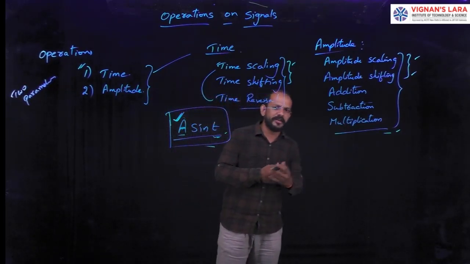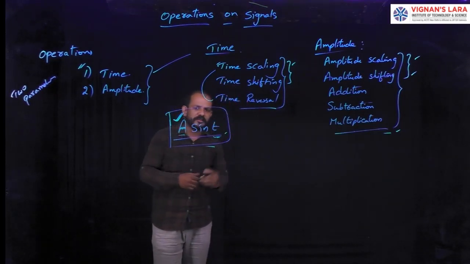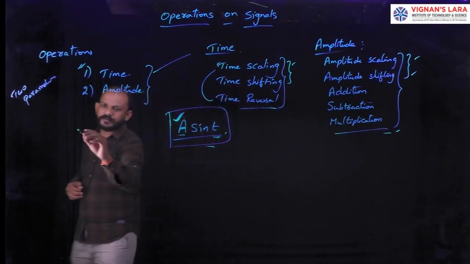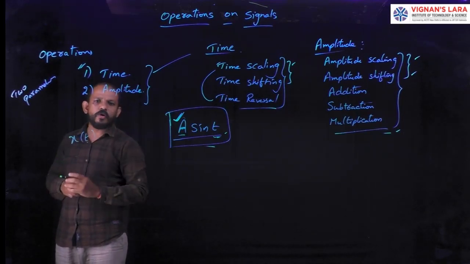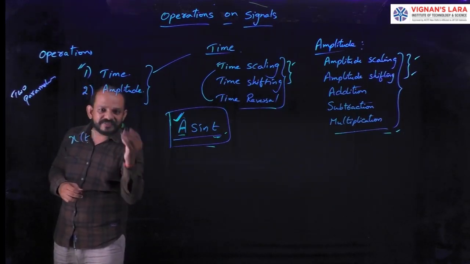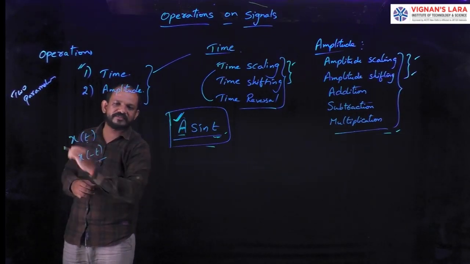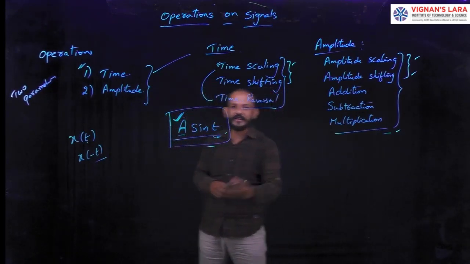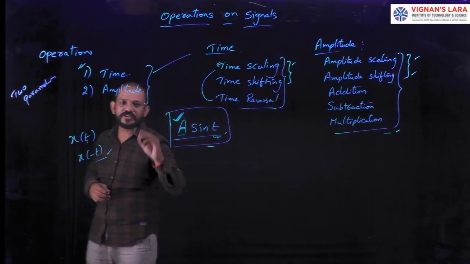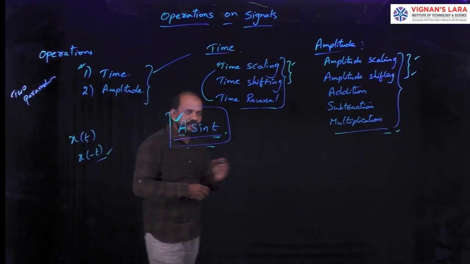You can call it anything. It is obtained simply by replacing t with minus t. If there is a signal x of t, and I replace t with minus t, giving x of minus t, then I get the time reversed signal.